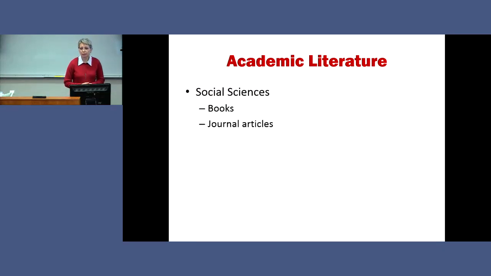So what are the major differences between literature in business disciplines versus other academic disciplines, for example, social sciences? In social sciences, scholars and students mostly rely on searching journal articles and books, maybe some primary data, government documents.